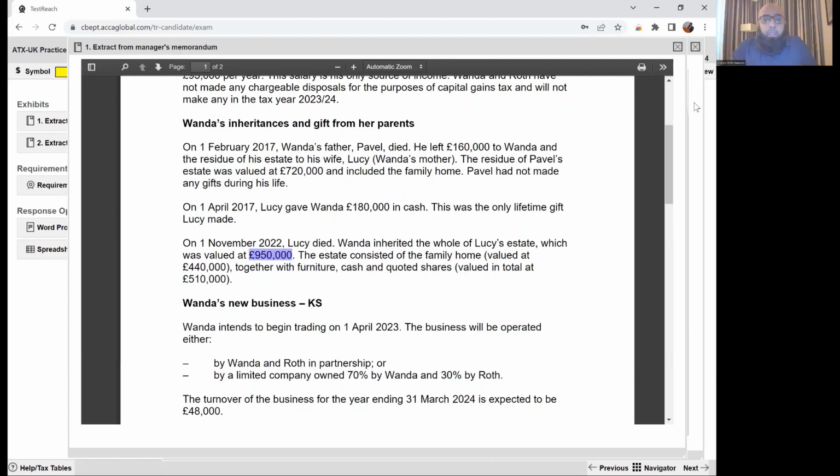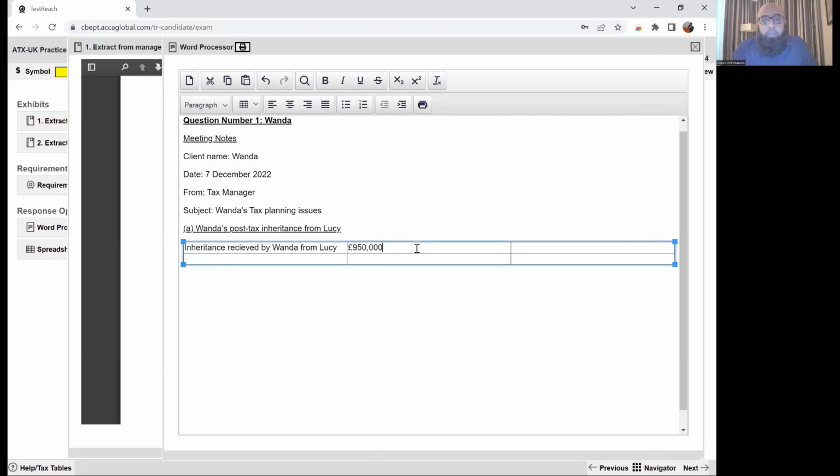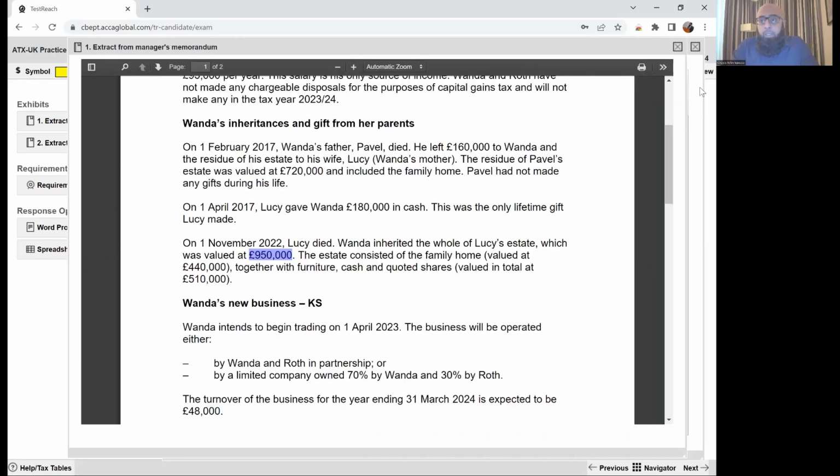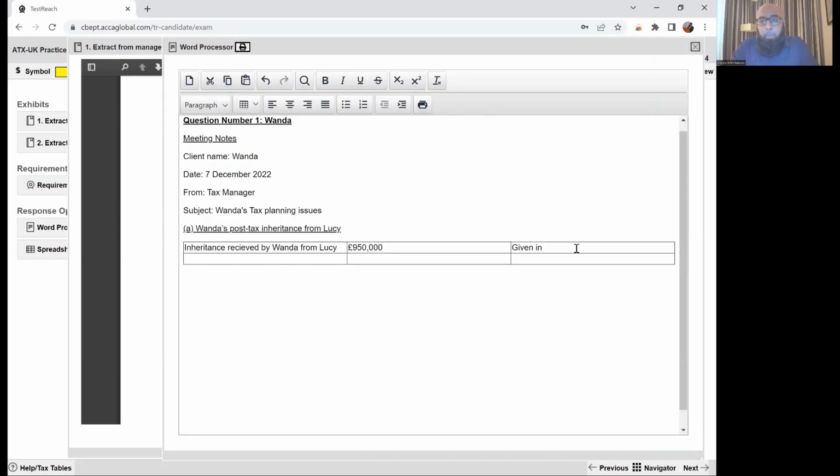Okay. So this is the inheritance which is received. Given in the email, in the manager's memorandum.